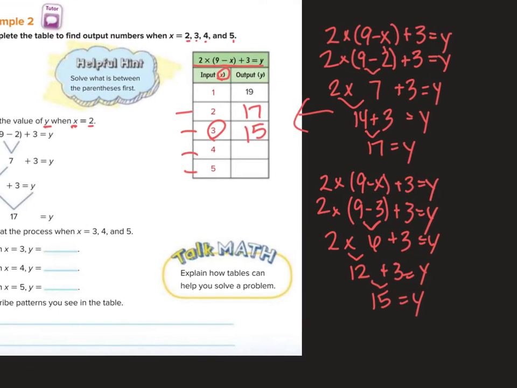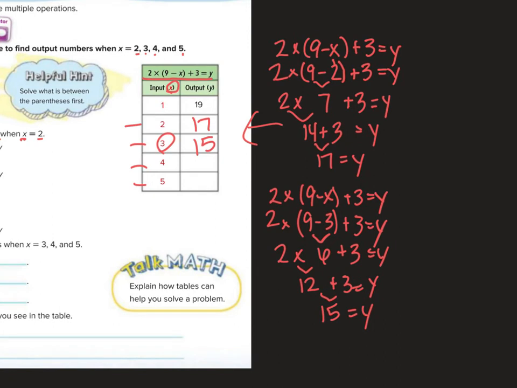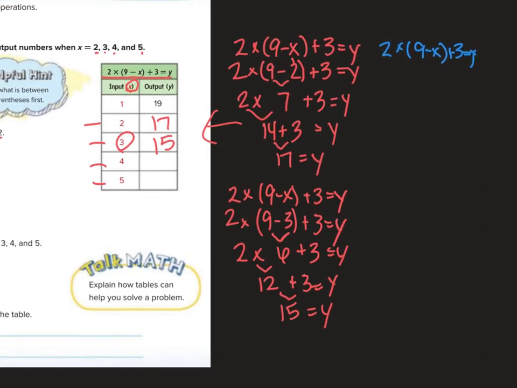All right. Let's scooch our little guys over here a little more. Next one. I'm going to do a different color so we don't get mixed up. 2 times (9 minus x) plus 3 equals y. Okay.